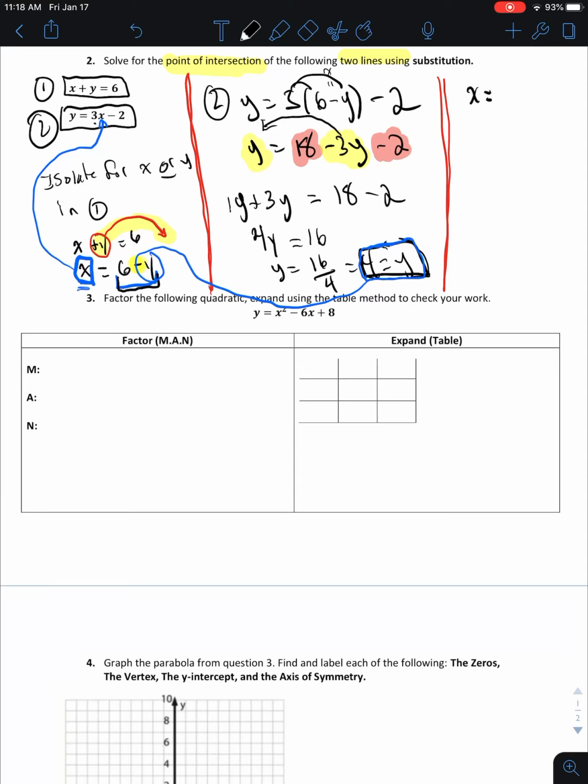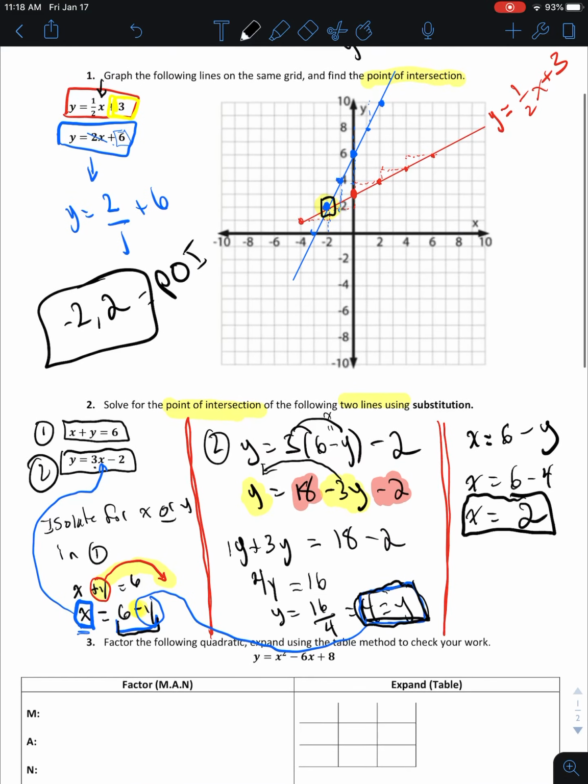So I'm going to rewrite this little thing here because I need to solve for x. x is equal to 6 minus y. If I take the fact that I just solved for y, y equals 4, then x is equal to 6 minus 4, and so x is equal to 2. And what from the last question was the point of intersection? Do you remember doing this?